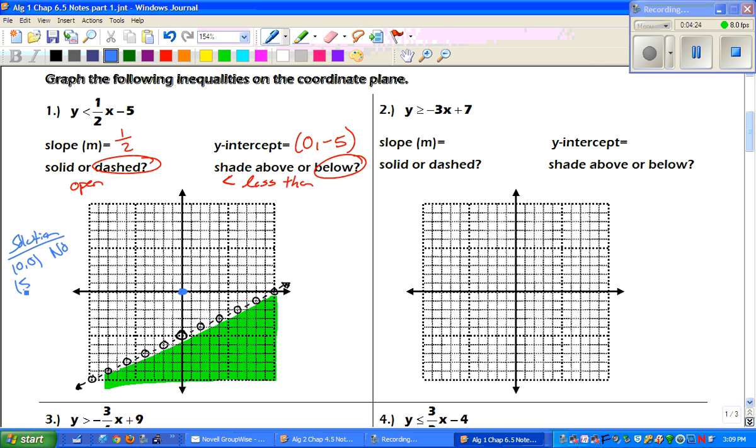What about (5, -5)? (5, -5) is right here. Yes, because it's shaded inside. Now, what about (6, -2)? So (6, -2) would be right here. And no, because it's an open circle. Remember, open circles are not included in our solution set.